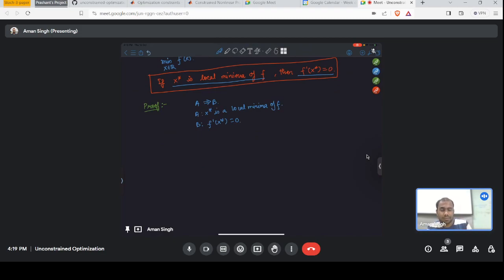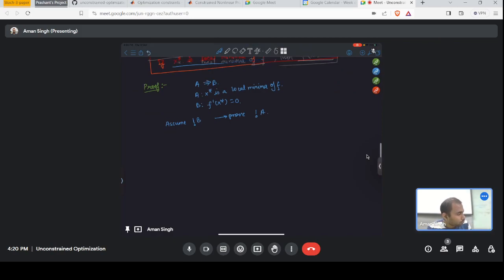One very good method of proving such a statement is that we assume not B and then we prove not A. If we do this, we'll prove A implies B. So we'll do the same.